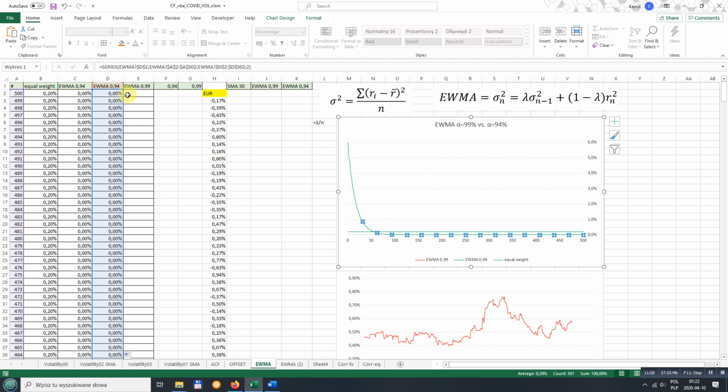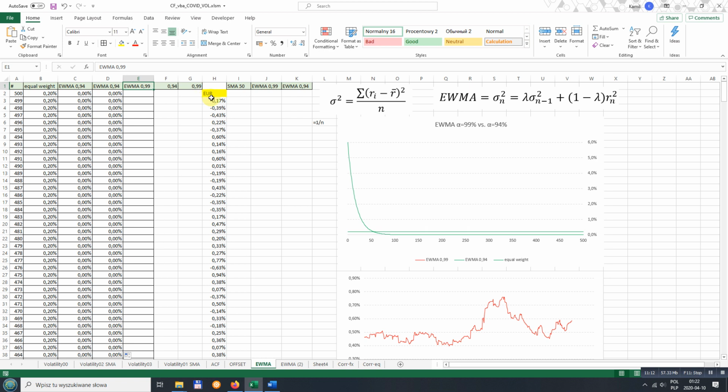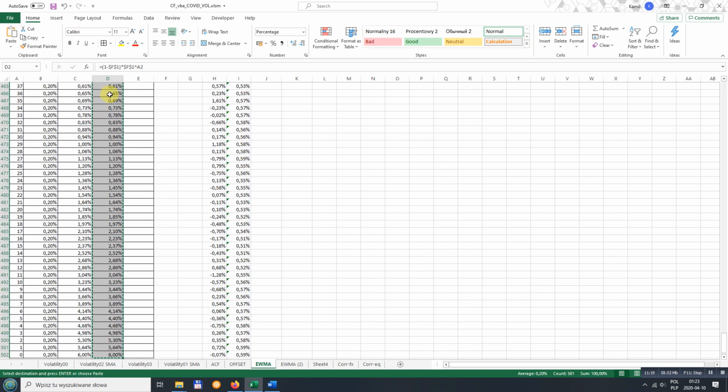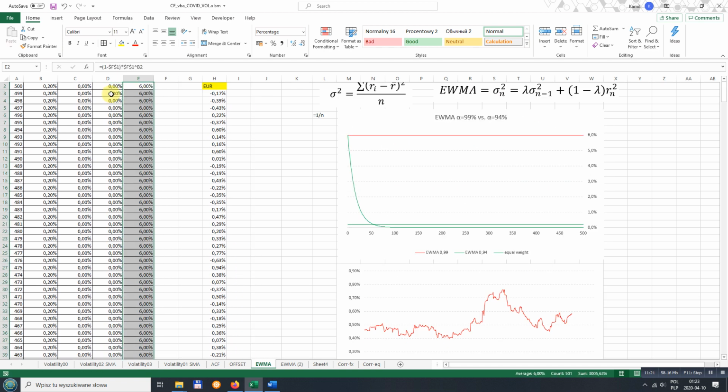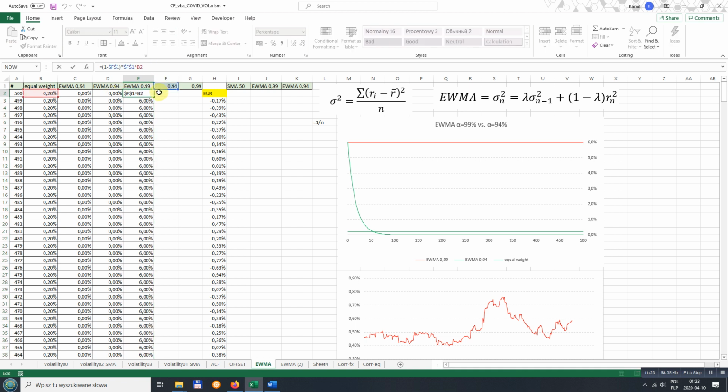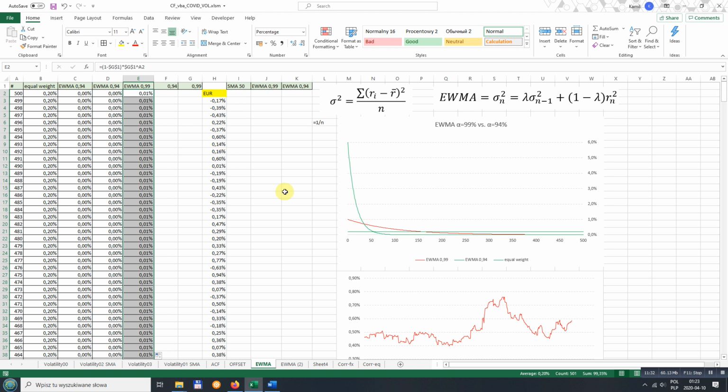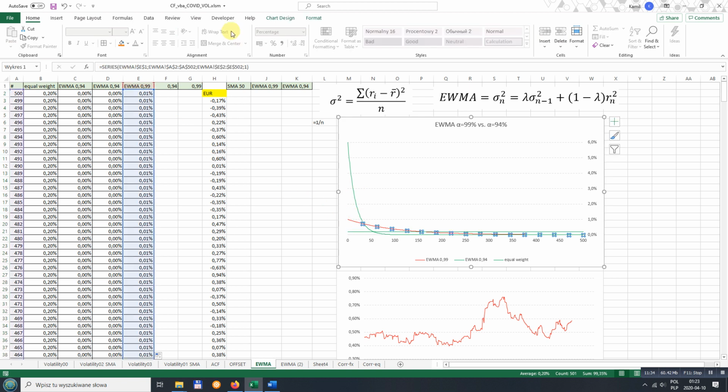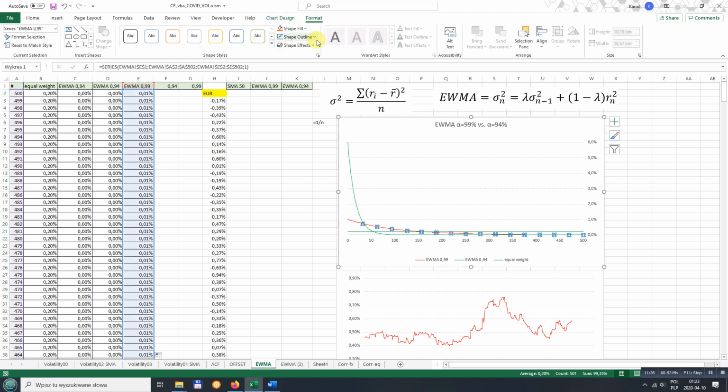So we can just copy the formula and paste it here and be sure that we choose lambda here and number of observations here. Okay, so this is how it would look for lambda 99%. This would be lambda 94%, and these are our equal weights.